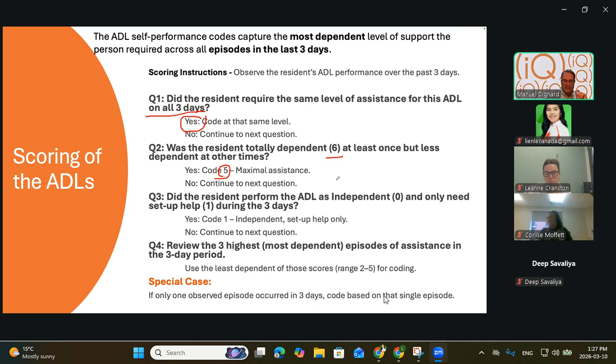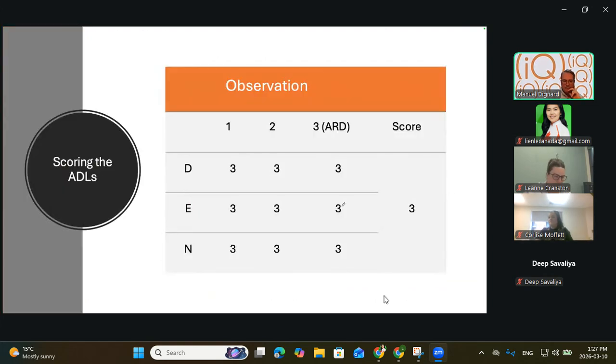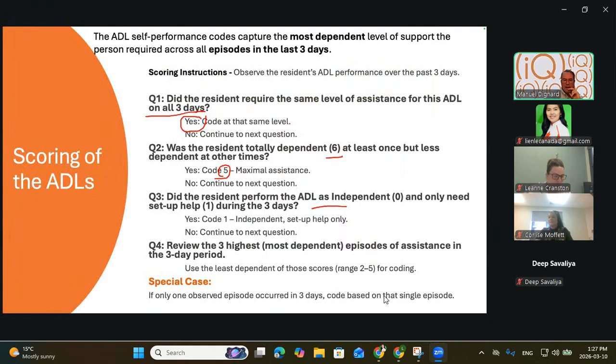Now, if you don't have a 6, then the next question is, did the resident perform the ADLs as independent and only needed setup help during the 3 days? So are we looking at a mix of zeros and ones? Then we code 1, independent, setup help only.